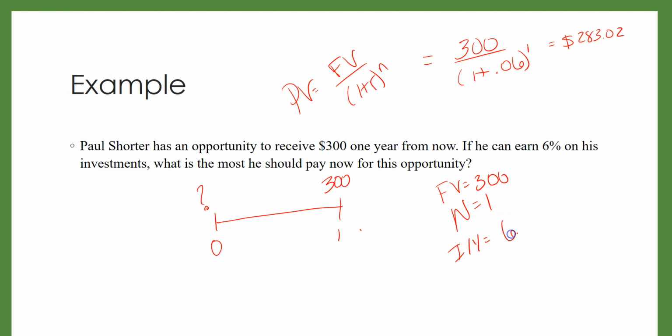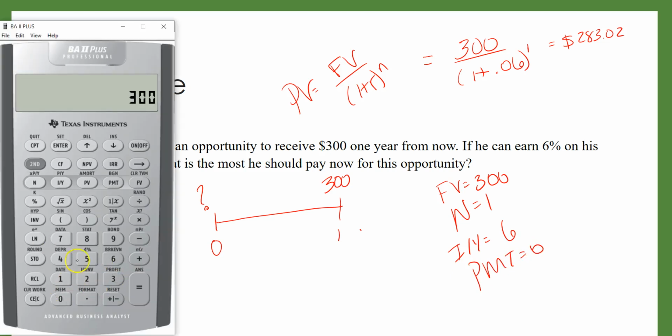Our rate is 6%. Remember, this is a whole number 6. And remember, for now, we're just going to put in a 0 for payment. So 300 for the future value, 1 year at 6%, and no payment as of now. Compute present value. And we get a negative 283.02.